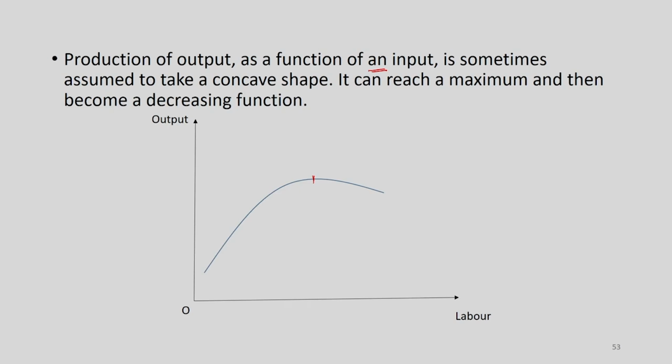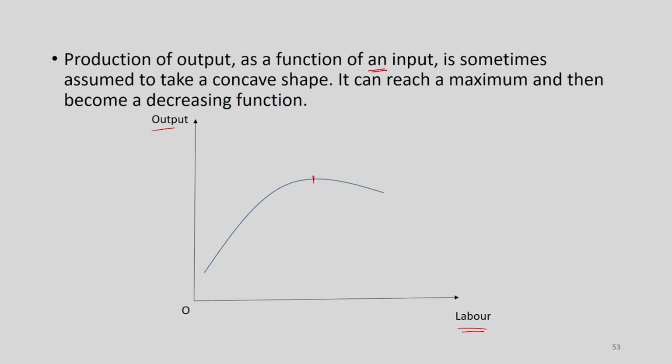And in this particular case, what we have taken in the horizontal axis, we have taken labor. So, labor is an input of production. We have seen this example before also, and the output is some production that is taking place. So, maybe labor is being used to produce, I do not know, wheat or paddy, or it could be industrial production also.